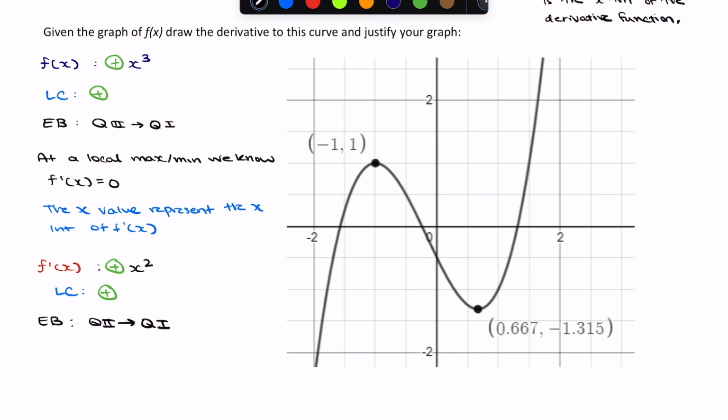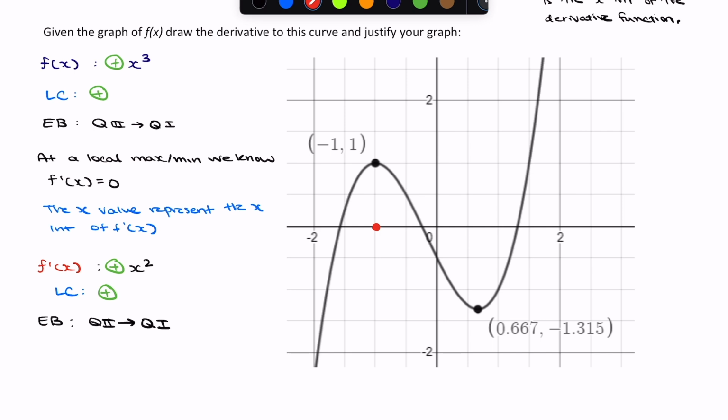And then the x value of that local max or min represents the x-intercepts of f prime of x. So here we see that we have a point at -1 and 1. And so that x value is -1. So for our f prime of x function, which is going to be an x squared function, we see that it is going to be at -1 as well.